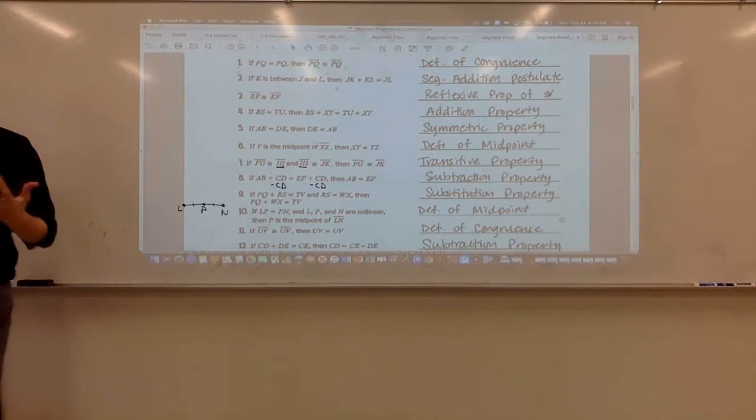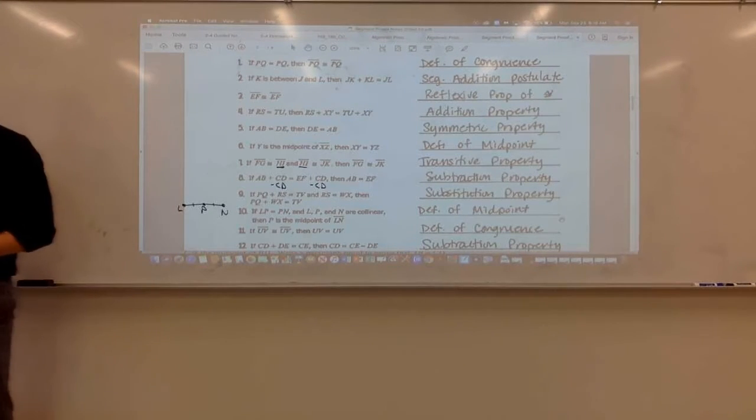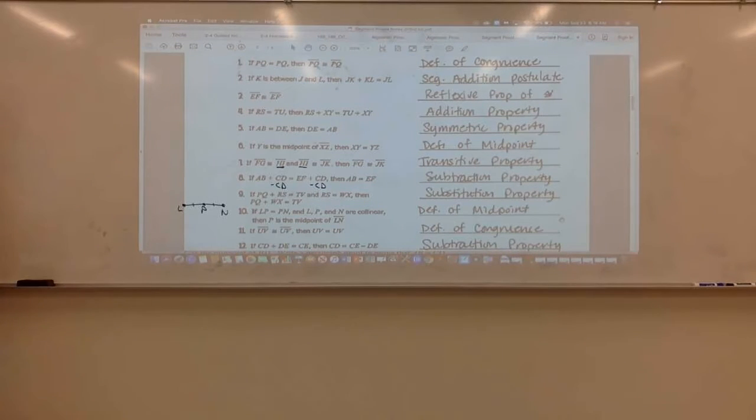Like if I say, I'm the same height as Katie, and Katie's the same height as Ashley, then I'm the same height as Ashley. Even though that's not really true at all. Alright. What else? Any other ones we want to take a look at?